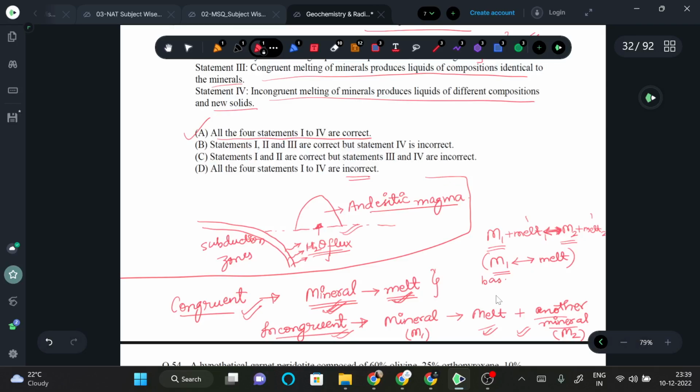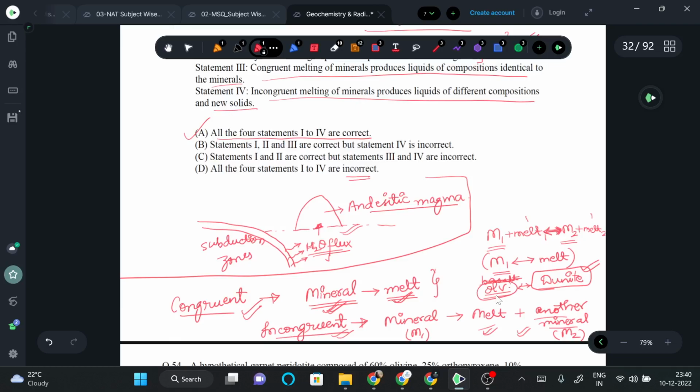Let's say olivine, from olivine you got a dunite melt. Now if you again bring the pressure temperature condition to this melt to solidify it into some mineral, it will solidify into olivine. Okay, so this is reversible.